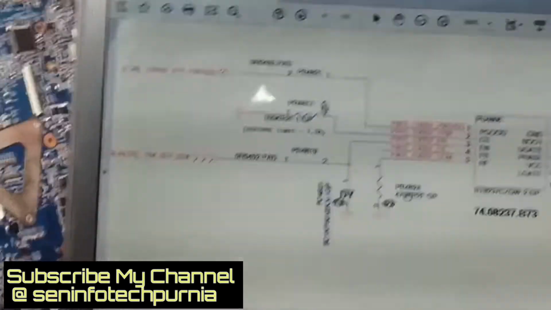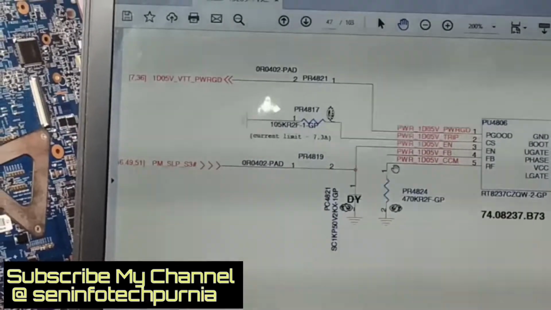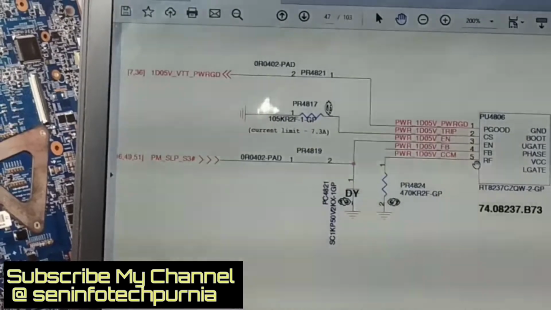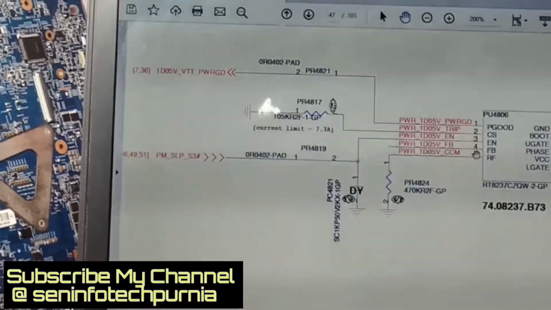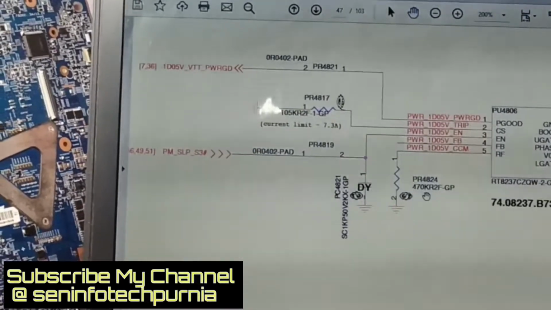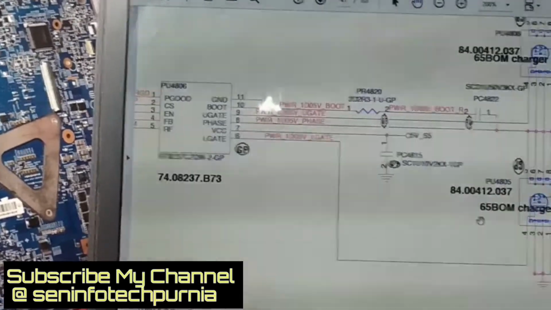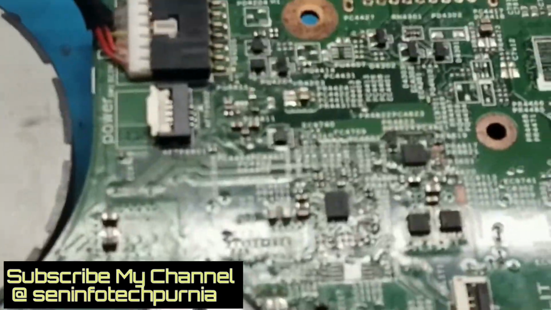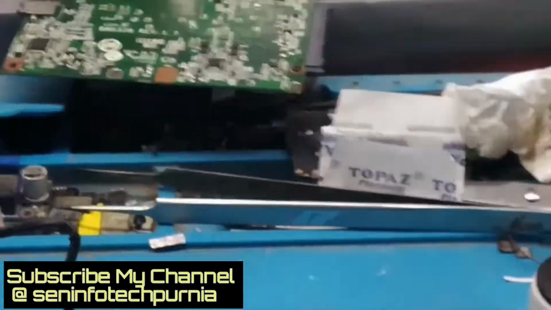Yes, this is 24. And this is the resistor. One pin is in ground and another is joined with pin number 5. Pin 4 and pin 5 are connected, and this is 470 kilo ohms, one is 10 kilo ohms and another is 20 kilo ohms. Let us check. Now we'll check in the multimeter.